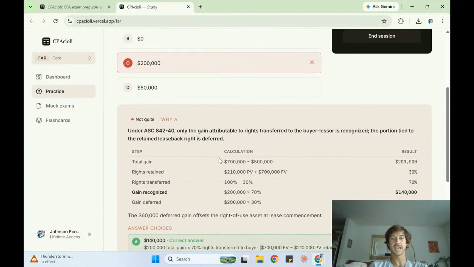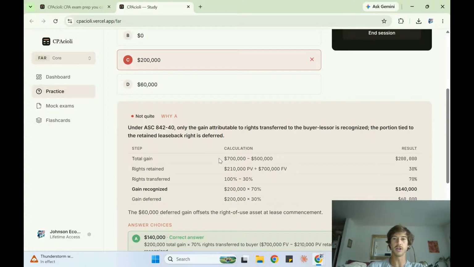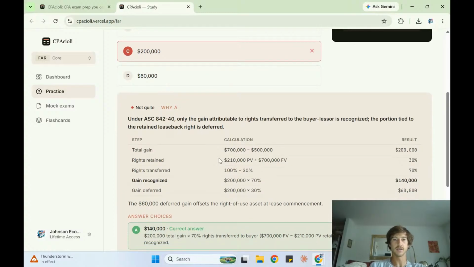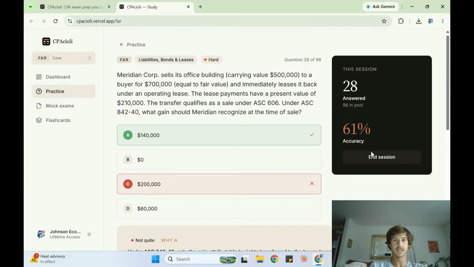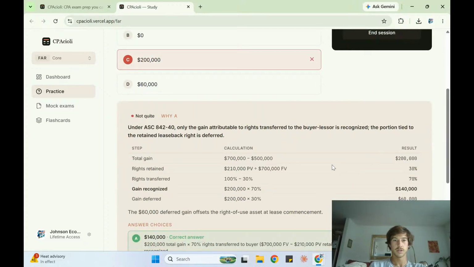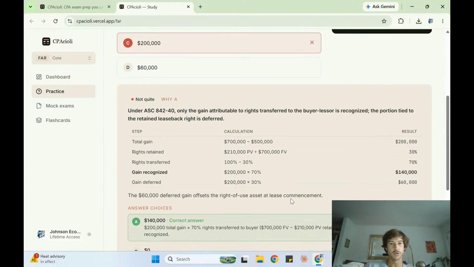All right, let's see. Only the gain attributable to rights transferred to the buyer-lessor is recognized. The portion tied to the retained leaseback right is deferred. So that was the total gain. But then he leases part of it, 30% of it, back. So he only has 70% of that gain left, and the remainder is deferred.